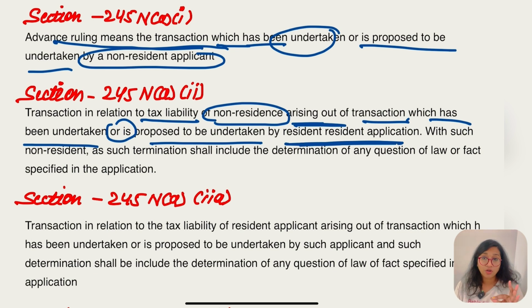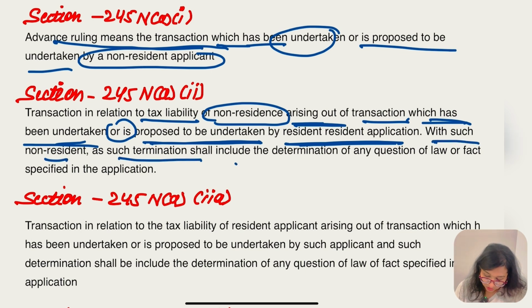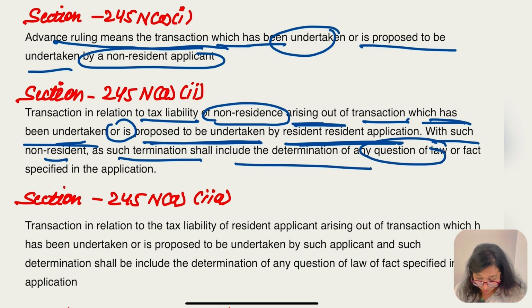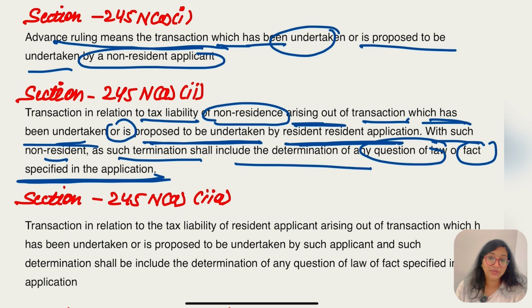They are talking about on behalf of the non-resident. The resident is going to propose, which has been undertaken or proposed to be undertaken by a resident applicant. Okay, such determination shall include the determination of a question of law or question of fact specified in the application.